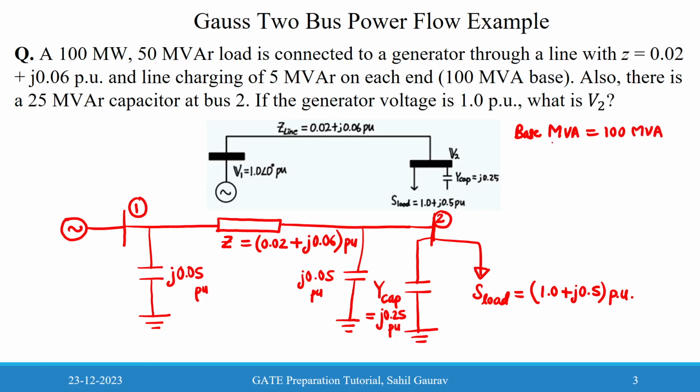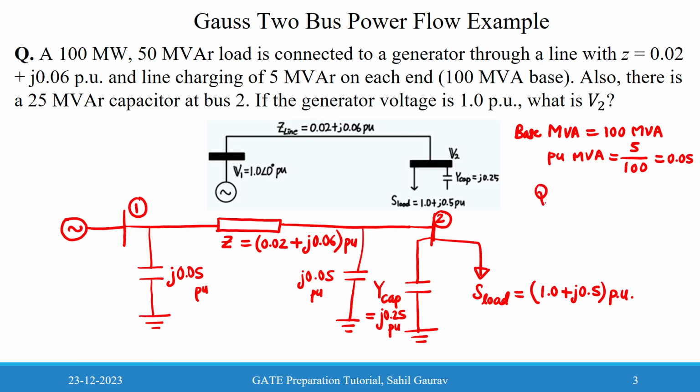So per unit MVA, what will be the value? 5 divided by 100, so it is 0.05, right?